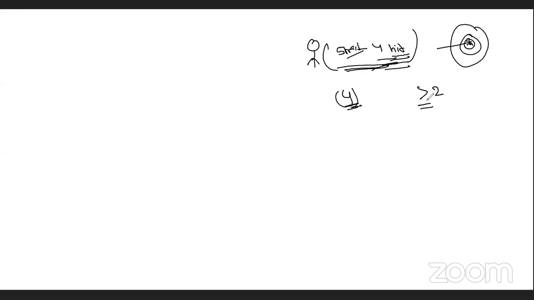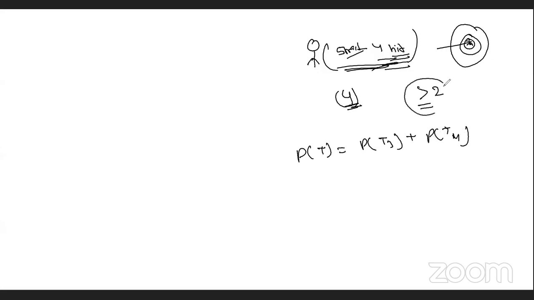So whenever I'm talking about more than 2, the total probability is nothing but the probability of 3 plus the probability of 4. Why 3, why 4?